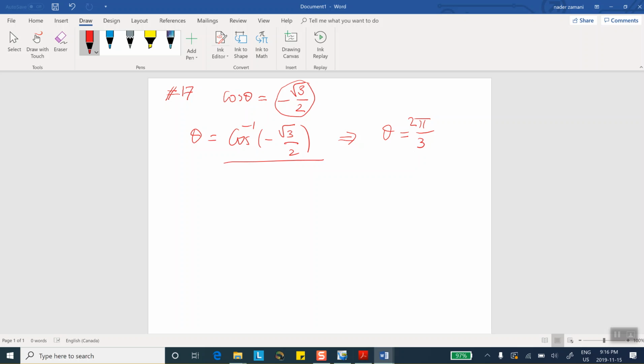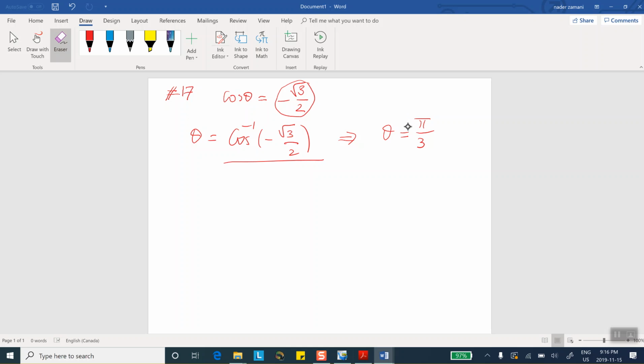If you put this in your calculator, cos inverse of minus root 3 over 2, I just want to make sure that I did this correctly. Actually, this is not correct.